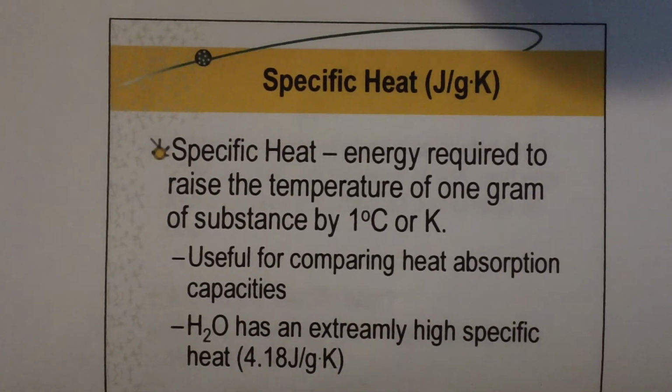It's one of the reasons the Earth is such a habitable planet we can live on, because we're surrounded by this water, and that water, when we're facing the sun, is absorbing a lot of heat, so the planet doesn't heat up that much. And when we're facing away from the sun, it takes a whole lot of time for all that energy to leave the water, so we don't cool down that fast either.